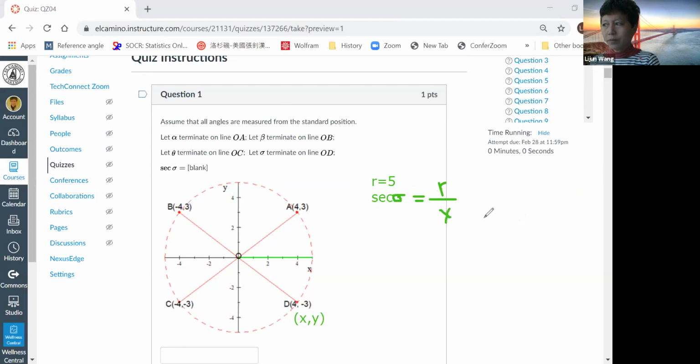You follow me? R over X. You plug in, and R is 5. X here is 4, because X is 4, Y is -3. Do you follow me? So this is 4. So the answer is 5 over 4.